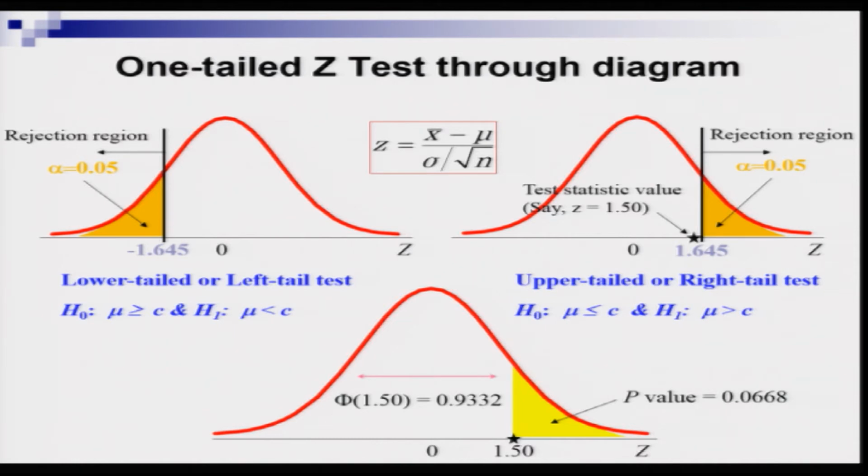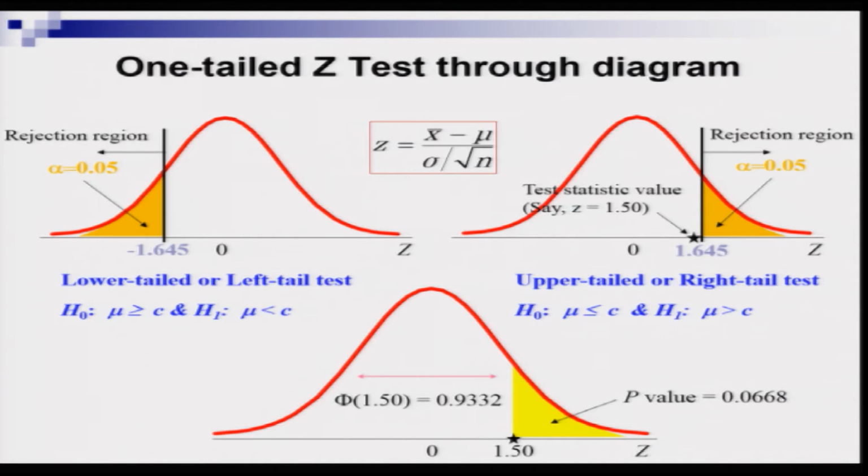And if by chance you get a test statistic value which is lower than 1.645, as I am showing here one such value, 1.5, just for illustration, and I have marked that value with an asterisk on the z horizontal line, you see that the asterisk is not falling in the rejection region, which is marked orange, and hence you can say that my sample generates a statistic value which is lower than the critical value, and hence I am failing to reject my null hypothesis.